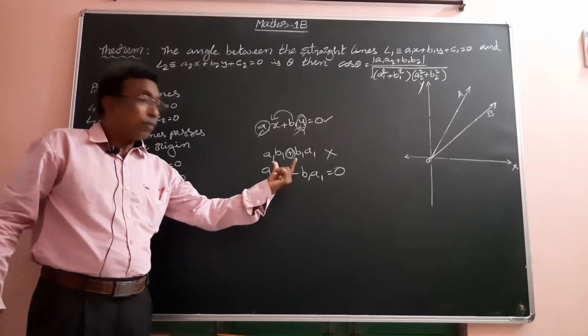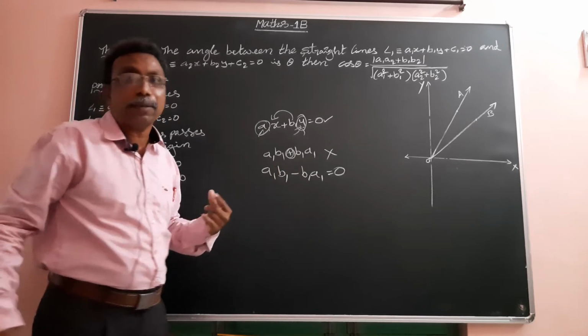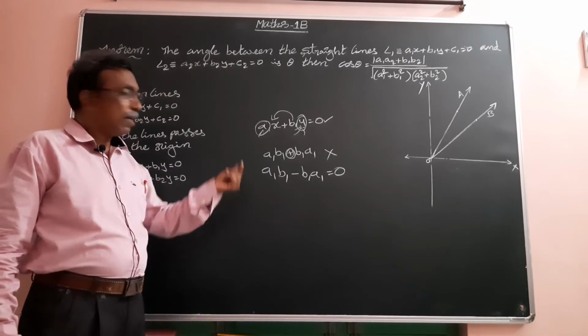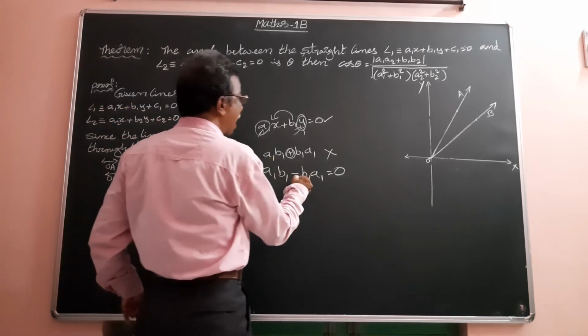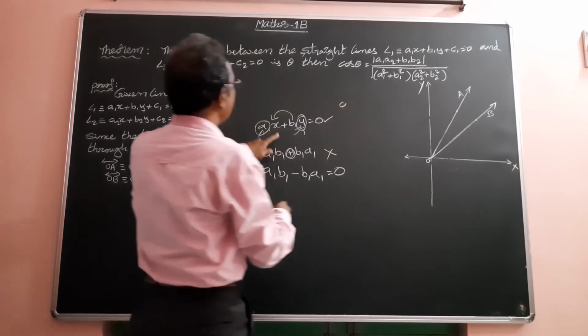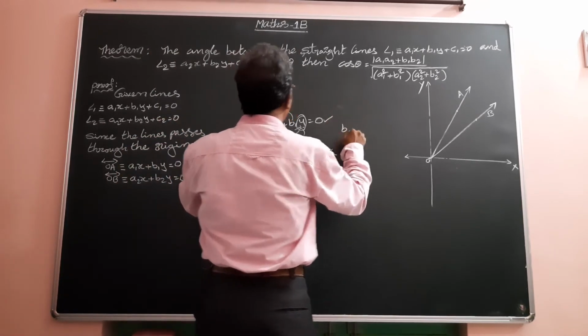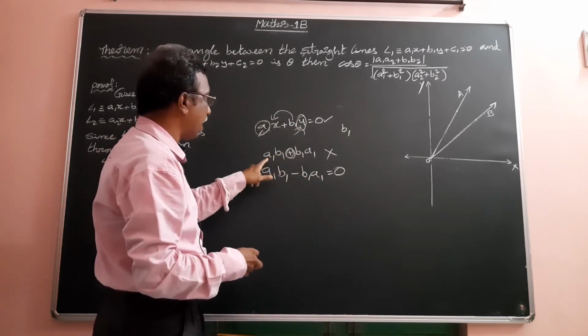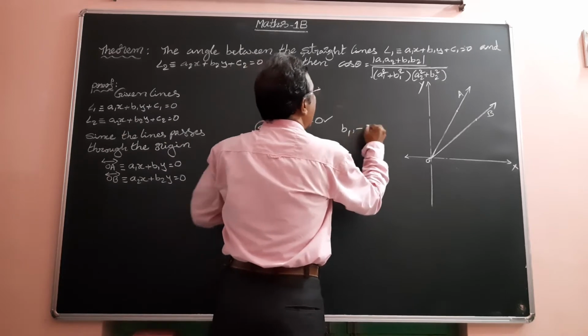So what is the first point? Now we want minus, means the first point x is B1. Y is which coefficient? A1, and the sign is minus.